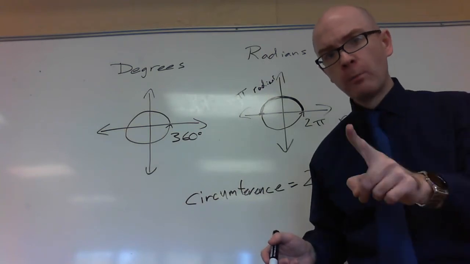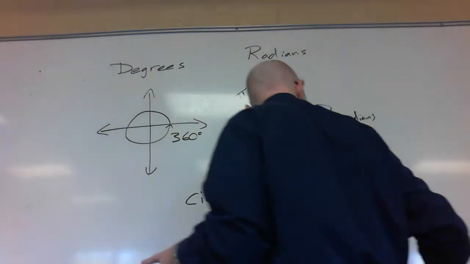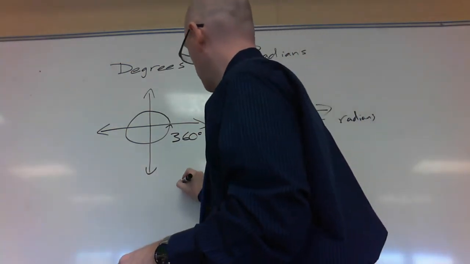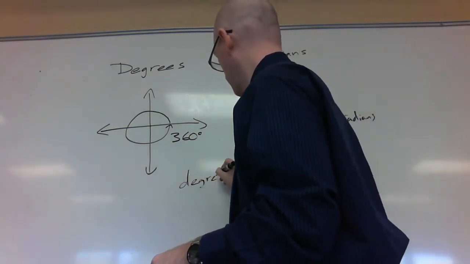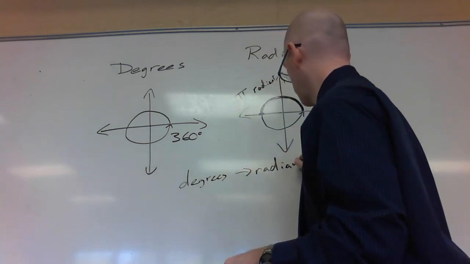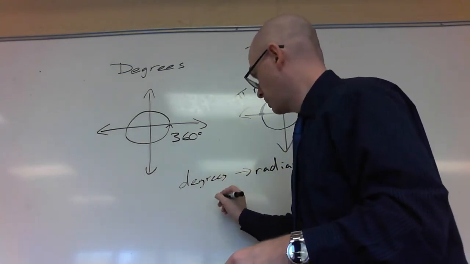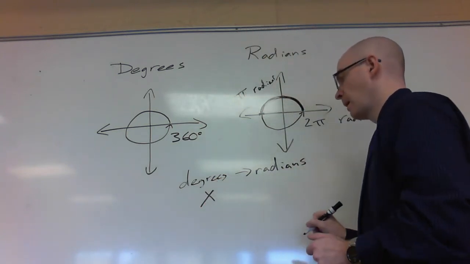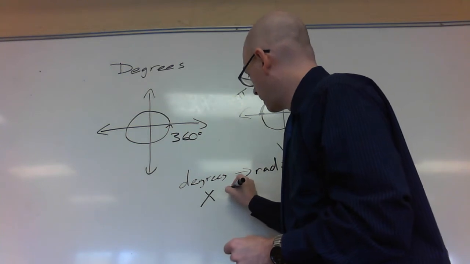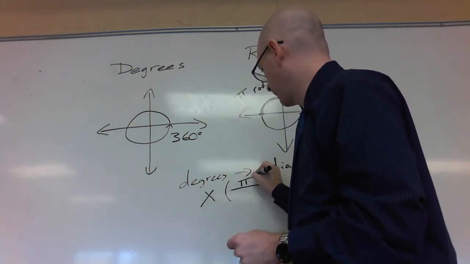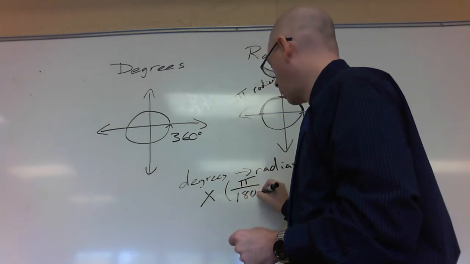How to convert from one to the other. So if I want to go from degrees to radians, I take my measure, so I'll say that I've got x number of degrees. I am going to multiply that by pi over 180.